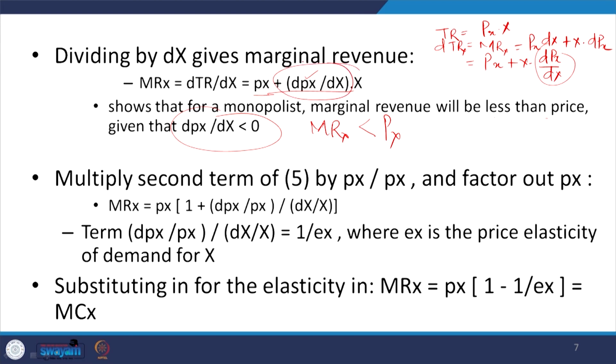And usually this component is negative, because the demand curve is downward sloping.